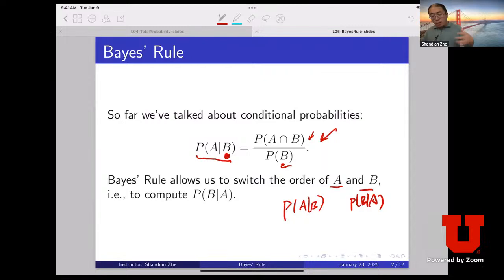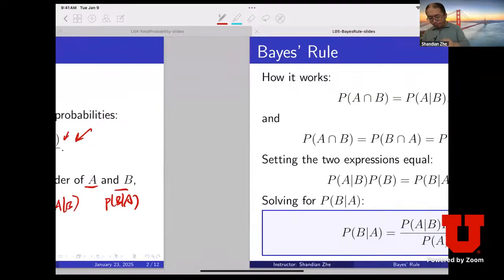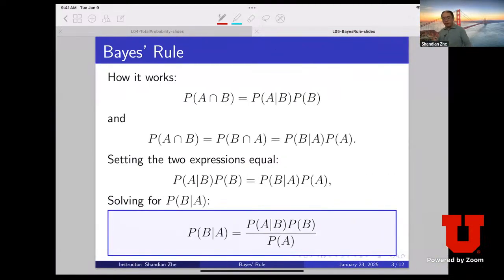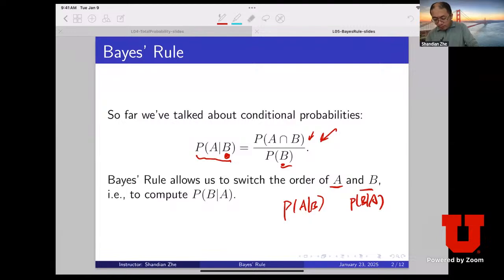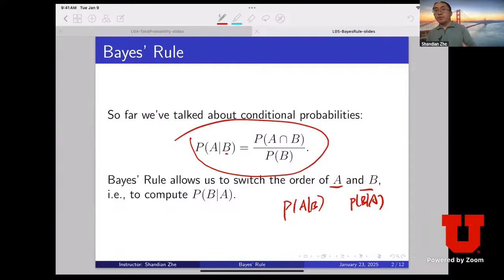And then mathematically, how do we build up the relationship? We go back to the definition of conditional probability. From the original definition, P of A given B equals P of A intersection B over P of B. We just multiply P of B to the left-hand side.